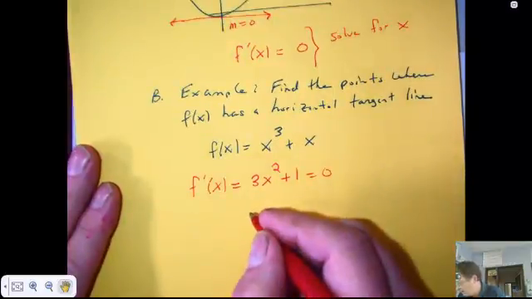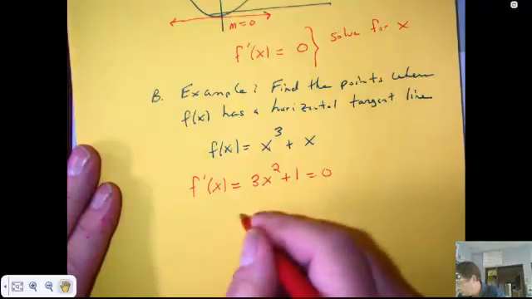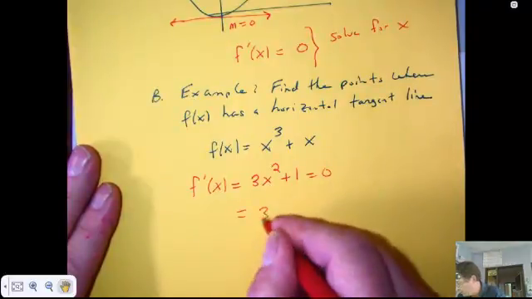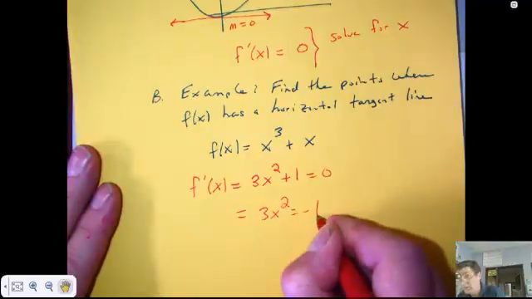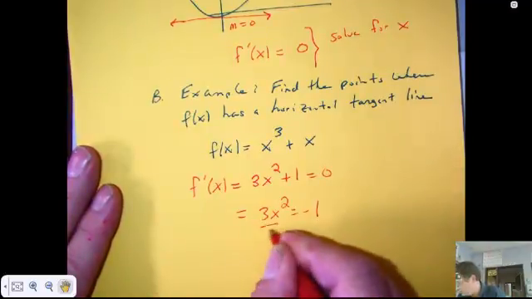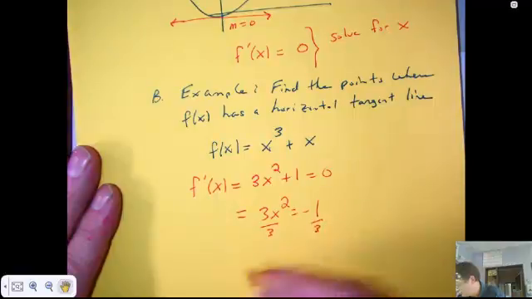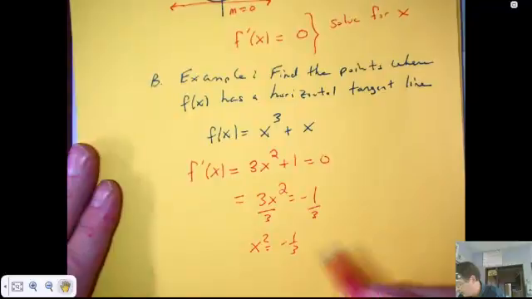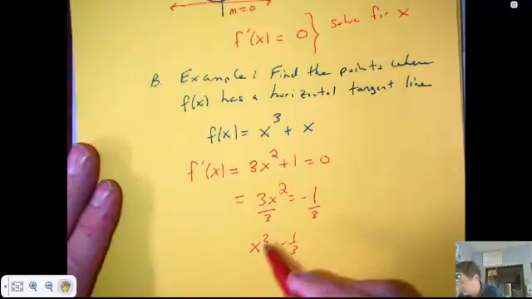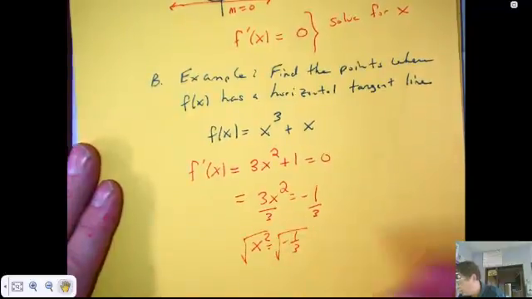That means that 3x squared equals -1. Divide by 3. X squared is -1/3. And then what? And what do you conclude?